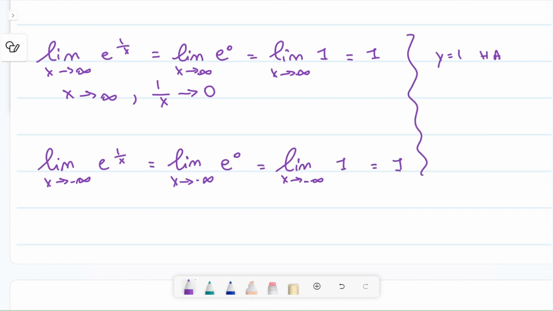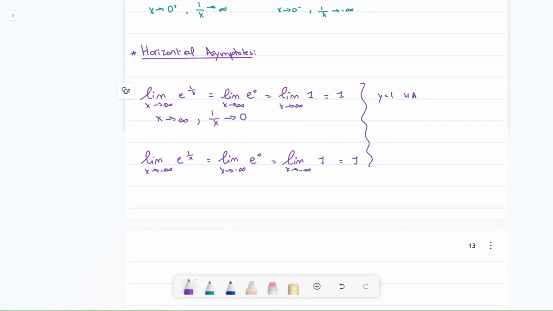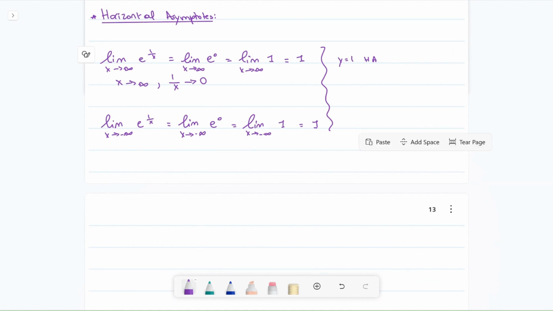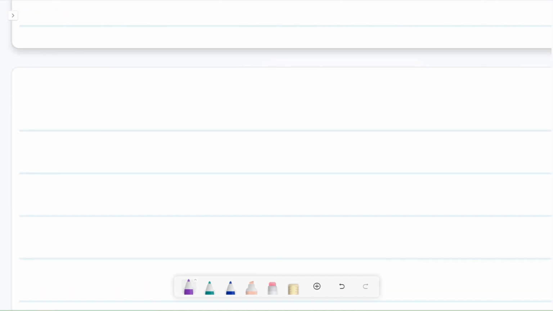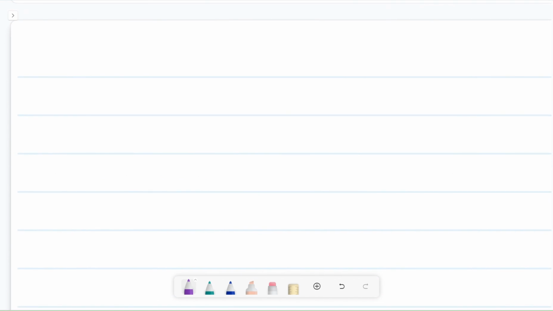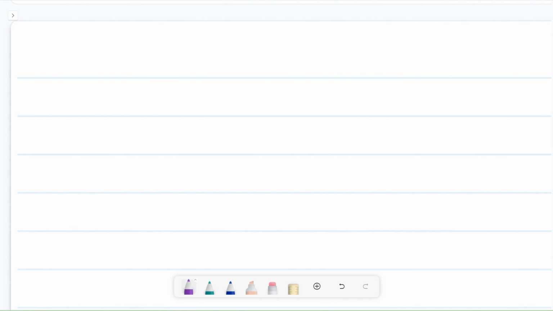So both of these two limits show us that we have a horizontal asymptote at y equals 1. Now let us apply the knowledge we learned earlier about derivatives in order to find when the graph is increasing or decreasing. So let's find the first derivative.